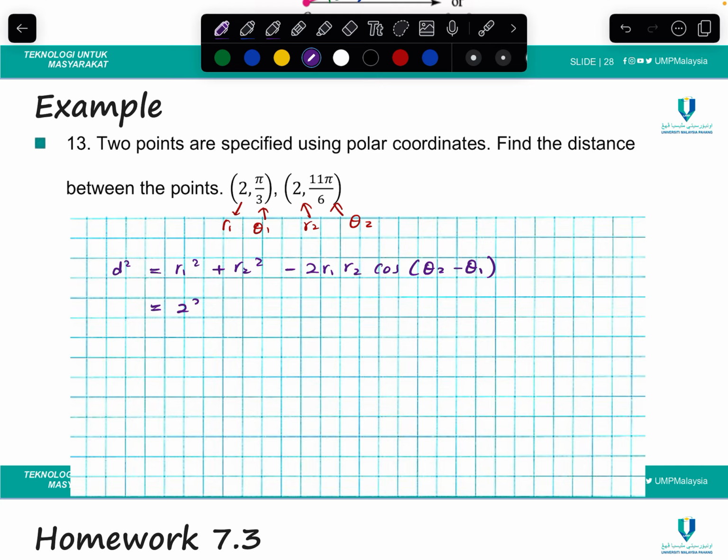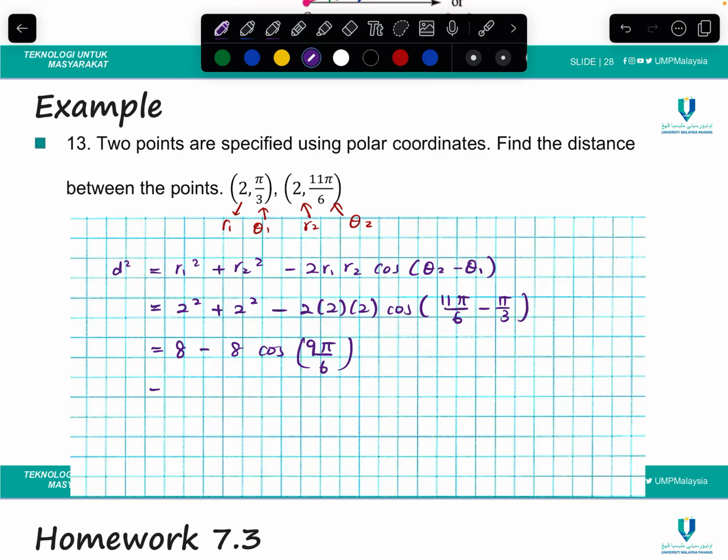R1 square is 2 square, R2 is 2 square as well, minus 2 times 2 times 2 cos theta 2, 11 pi over 6 minus theta 1. And you have to perform the calculation. You can simplify it. Equal 8 minus 8 cos 9 pi over 6.